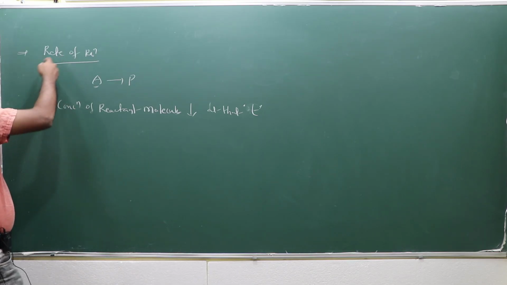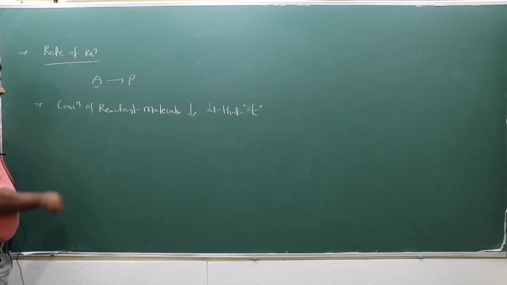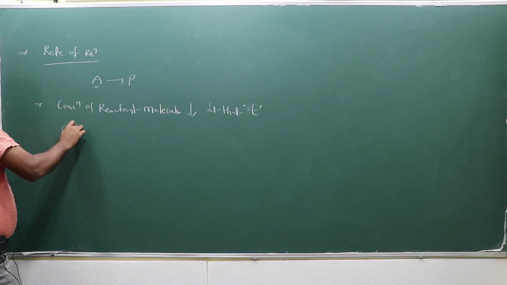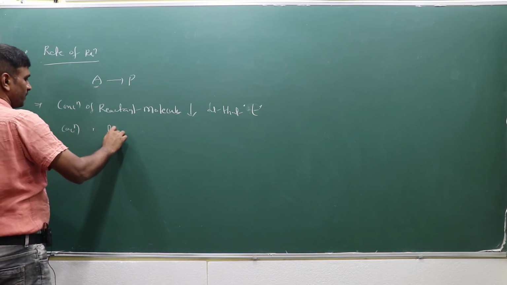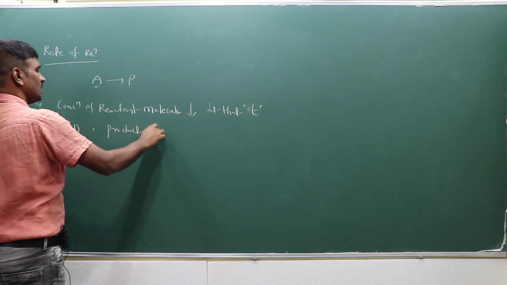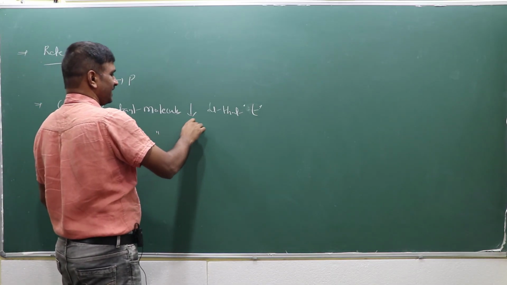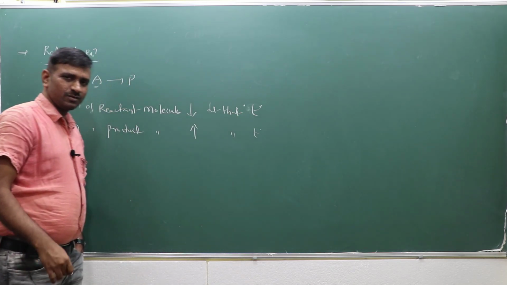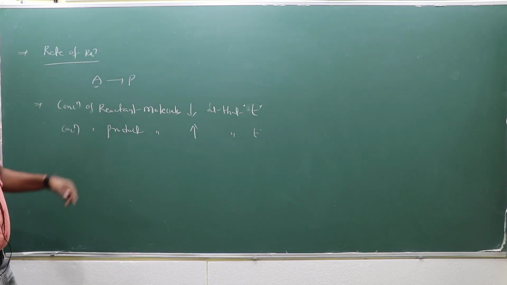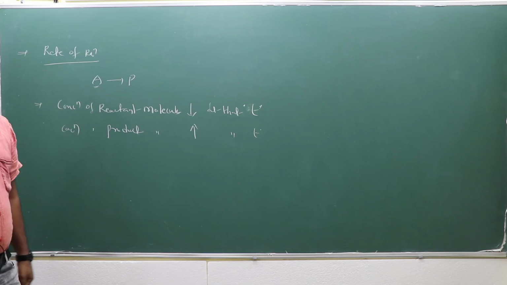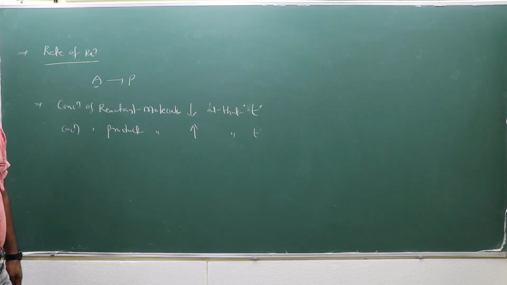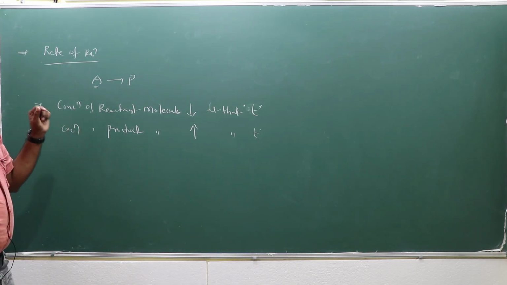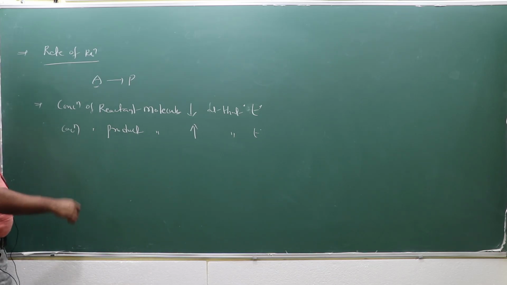Similarly, during this reaction the concentration of the product increases at that time t. The concentration of the reactant decreases and the concentration of the product increases while the reaction goes on. According to that, the rate of reaction can be explained.